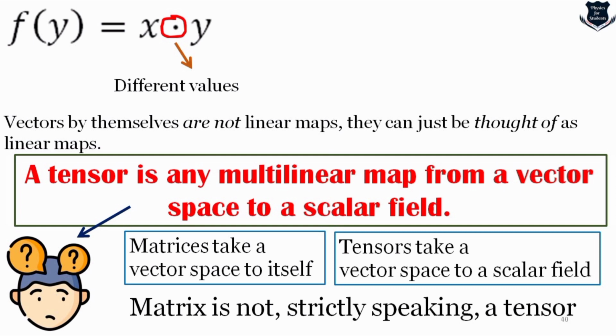You can imagine tensors as a generalization of matrices, etc. But that is the reason I just showed you why it is not, because if the dot product has different values, things change. Things change very much. So this is just a strict definition: a tensor is a multilinear map from a vector space to a scalar field.